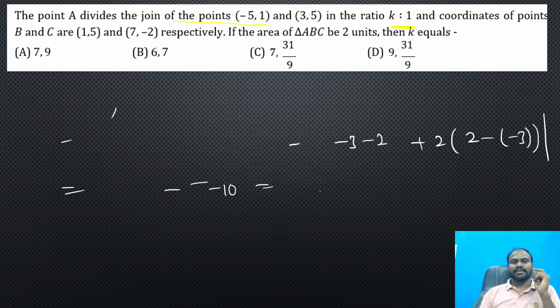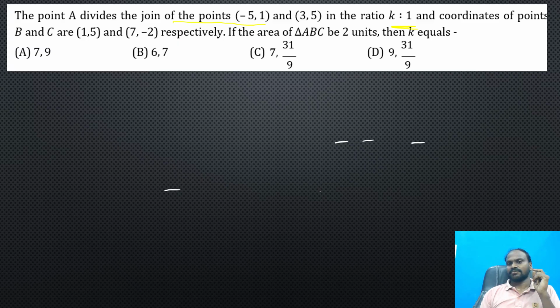Then we'll use the area of the triangle with that A and the given B and C, which is equal to 2, the given area. So to find A, this is k as m and n is 1. This is x1, y1 and this is x2, y2.